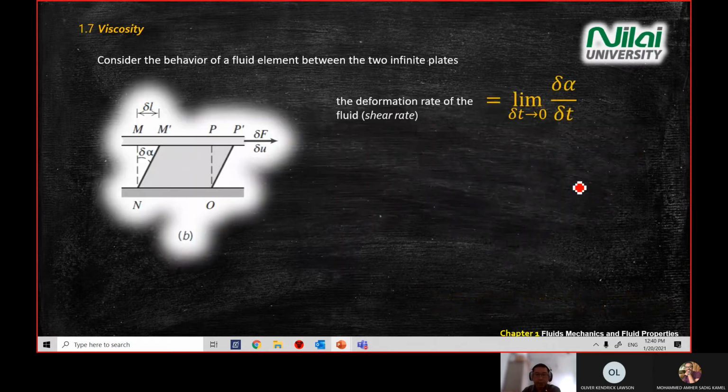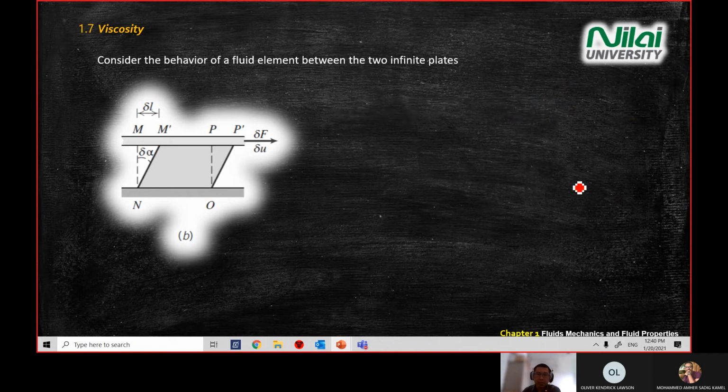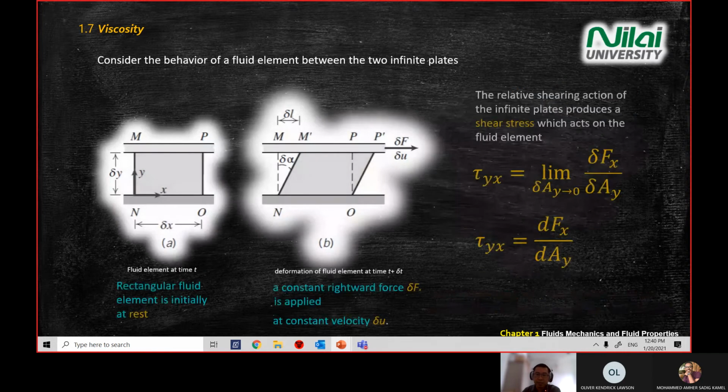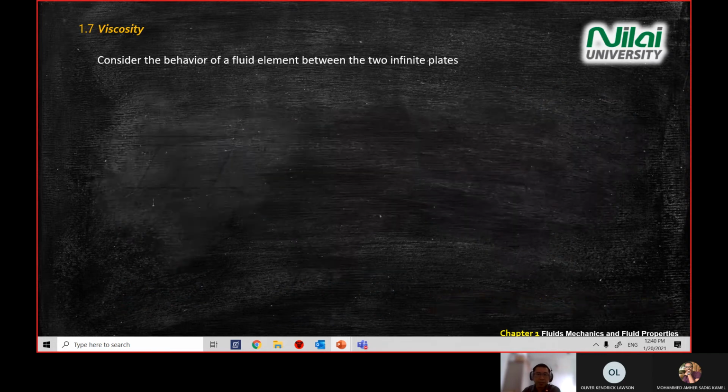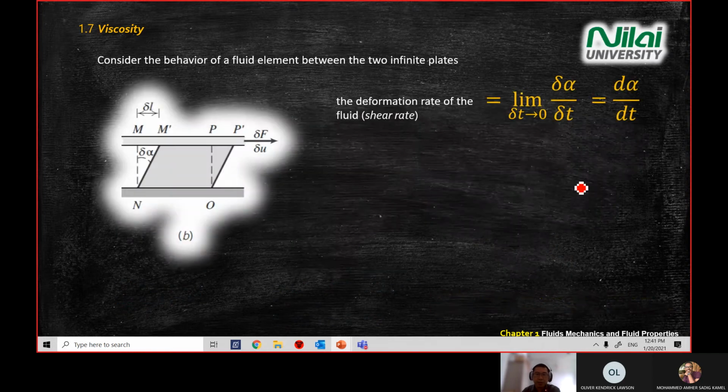All right. The next one, we talk about shear rate. The third equation. I think this is the first equation that you learned today. We call it shear rate. Shear rate, or deformation rate of the fluid, we focus on this angle alpha.